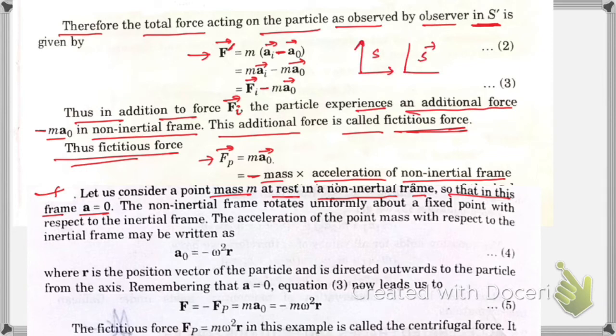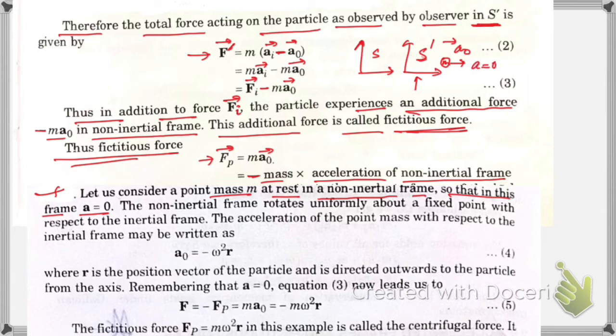S dash was moving with acceleration a naught. So now we have considered a point of mass m which is at rest with respect to the non-inertial frame S dash, so that now the acceleration of this particle is 0.